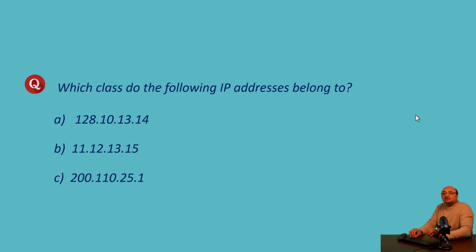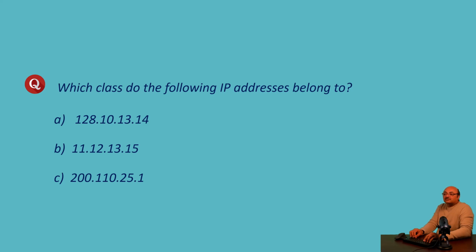So remember, class A range is, for the first octet, 1 to 126, class B 128 to 191, and class C is 192 to 223. So if you look at this, the first octet of option A is 128 and it is falling in the class B's range, which is 128 to 191, and that is the reason the option A IP address belongs to class B.